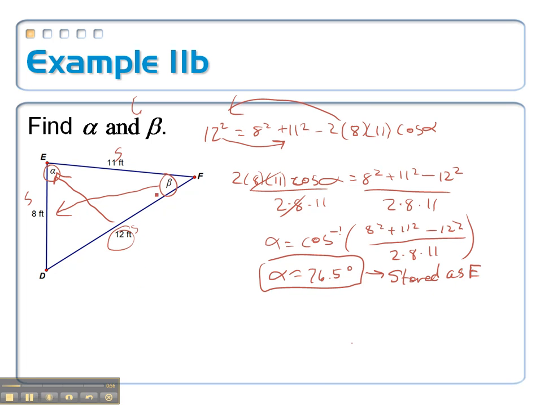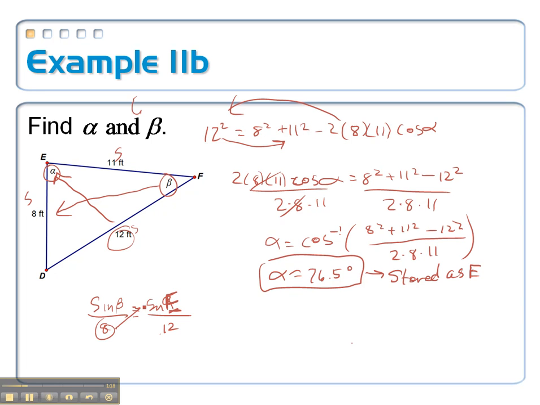So now I'm looking for an angle, beta, so it goes on top: sine beta over 8, the side it's across from, equals sine of alpha, and that's the stored value, so I guess I should actually write e, over 12.